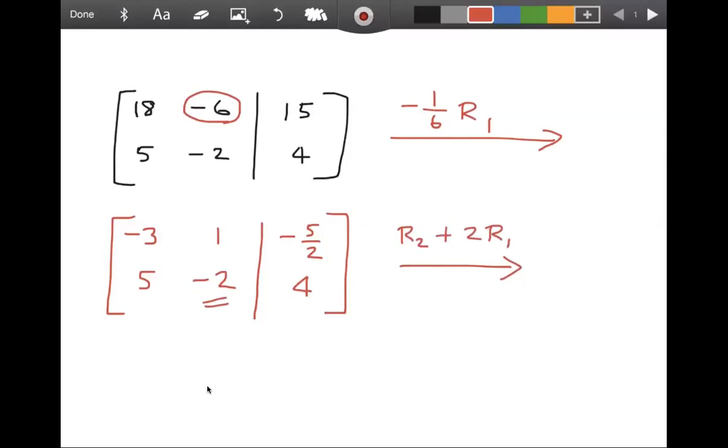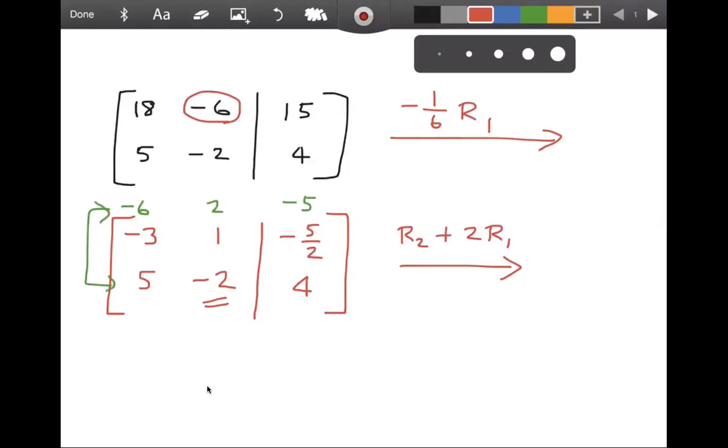At some point in the very near future, I'm going to try to wean you off this, but I will go ahead right now and just write down what is 2 times row 1. I'll put it up here, just so we have it to look at. 2 times -5/2 is -5. So we're going to add these two things together. And then we will have completed the pivot.